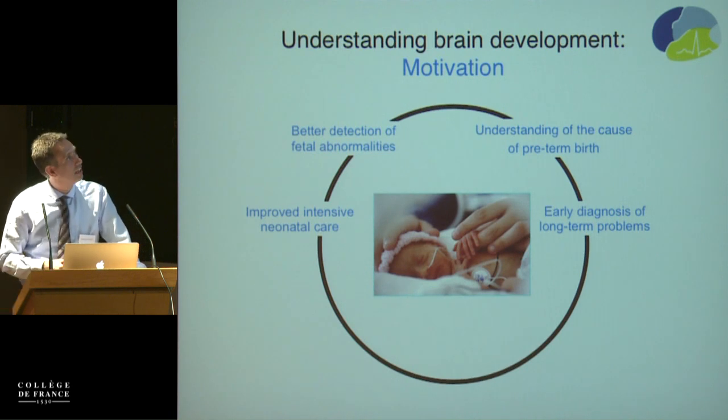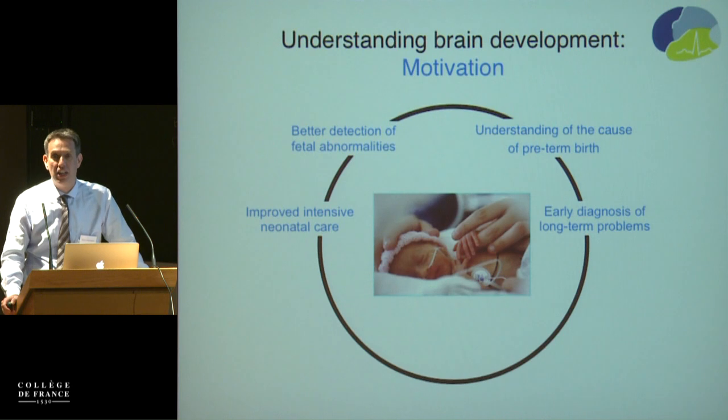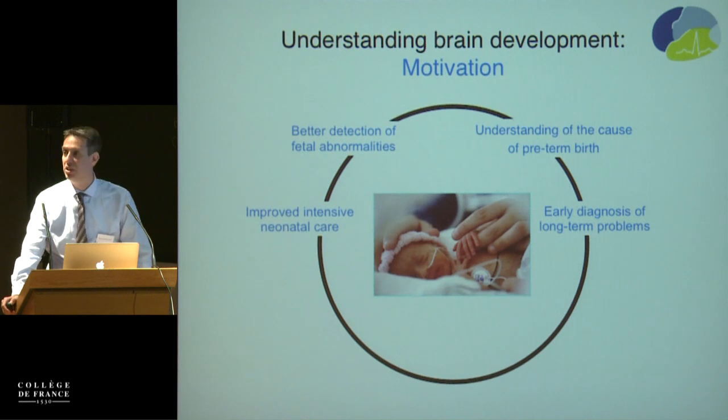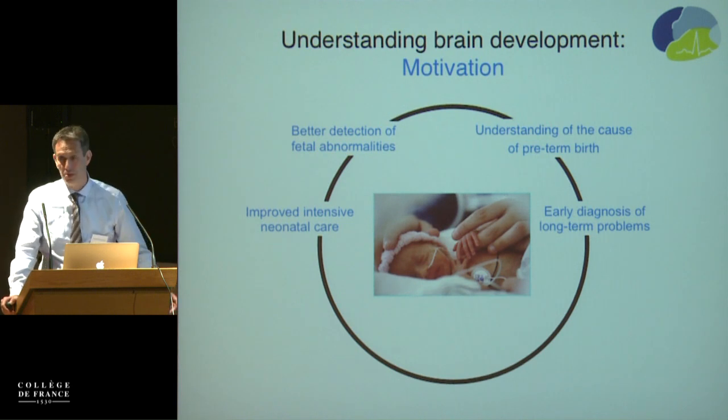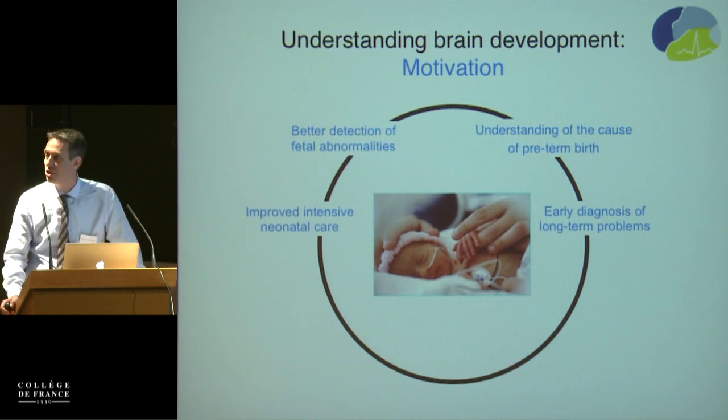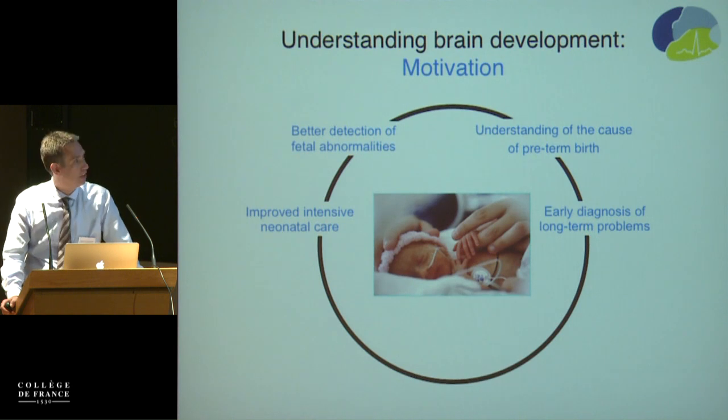So we really would like to have a better way of looking at fetal abnormalities. We would like to understand better what are the causes of preterm birth and the consequences as well, so that we can improve neonatal intensive care, but also spot long-term problems much earlier than we can do otherwise.